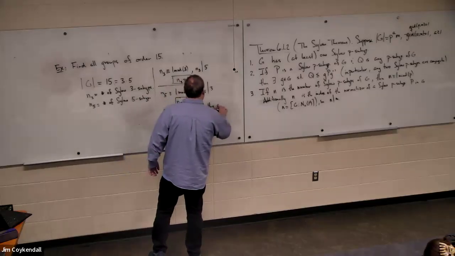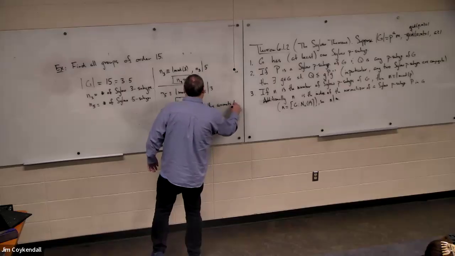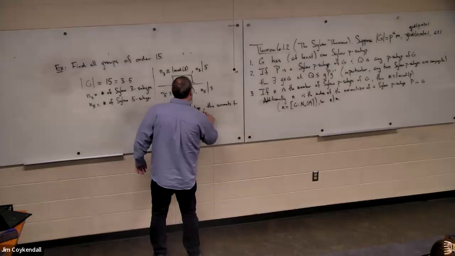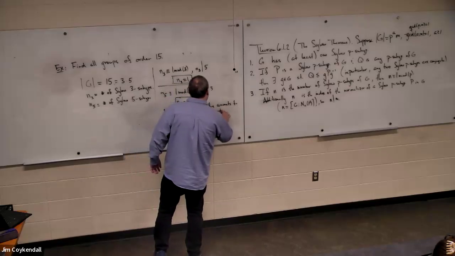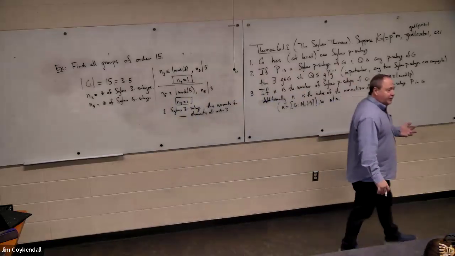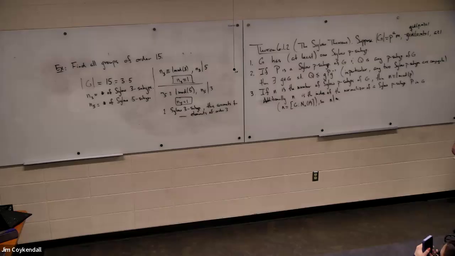This accounts for blank elements of order 3. Right, because I know my Sylow 3 subgroup is cyclic of order 3. How many elements in that Sylow 3 subgroup have order 3?